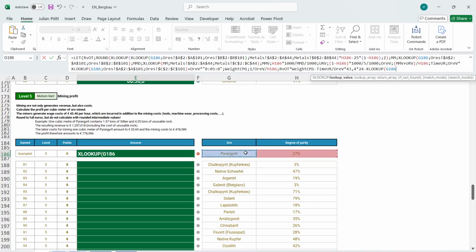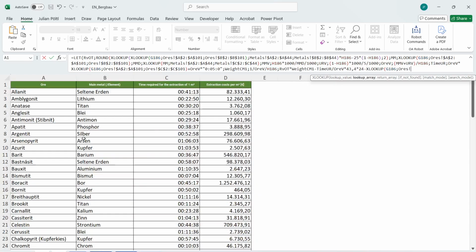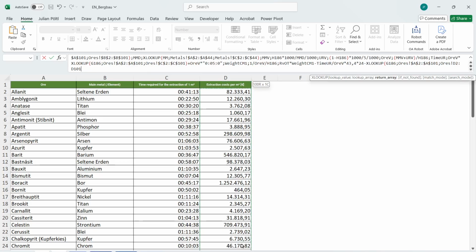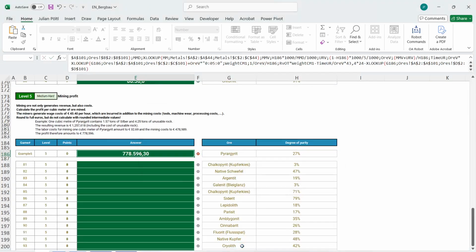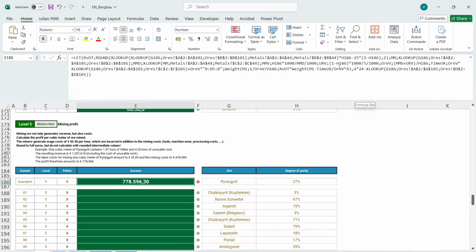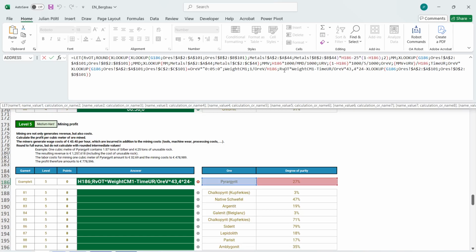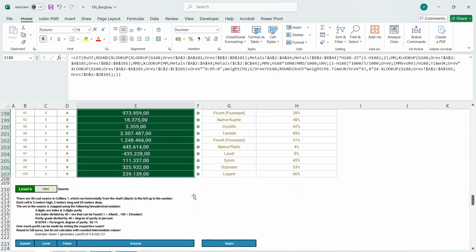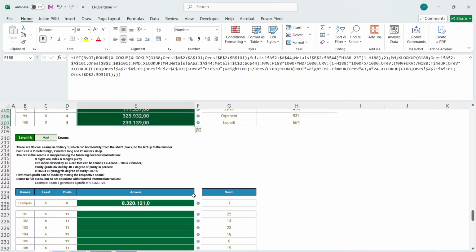And this is the easiest step because we have here for our ores the extraction costs given in cubic meters. Still need to round. And we're done.